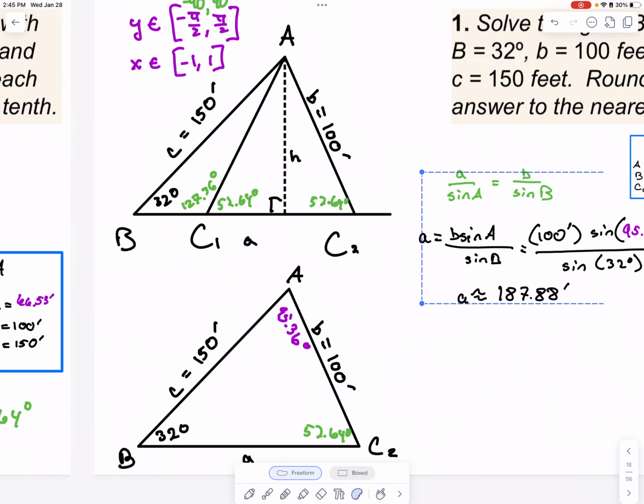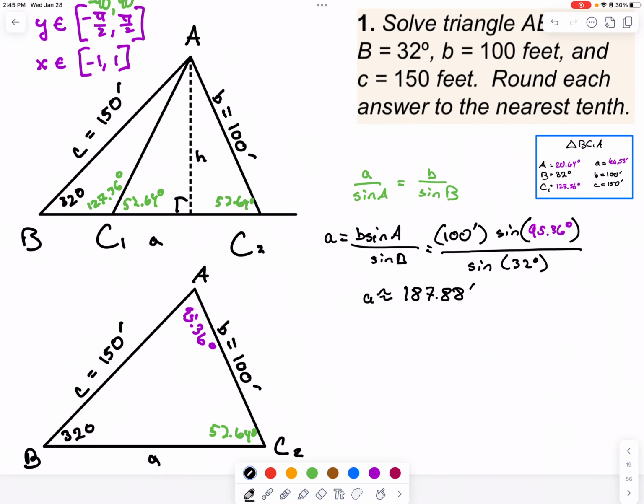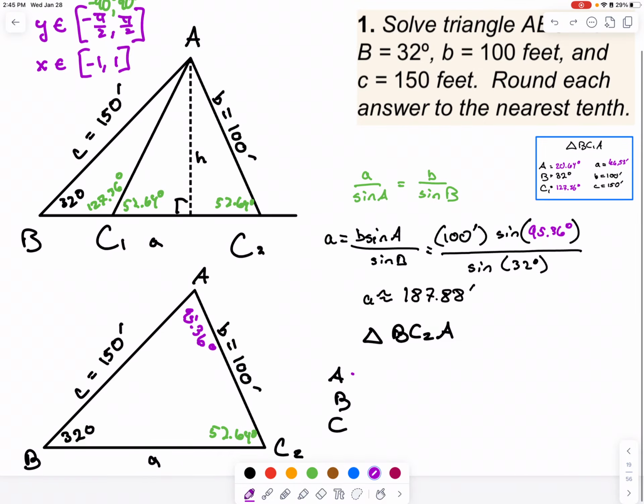So in this case, we were finding triangle BC2A, and I'm just going to put it as A, B, and C. Angle A, we got approximately 95.36 degrees. Angle B was given at 32 degrees. Angle C2, we got approximately 52.64 degrees.